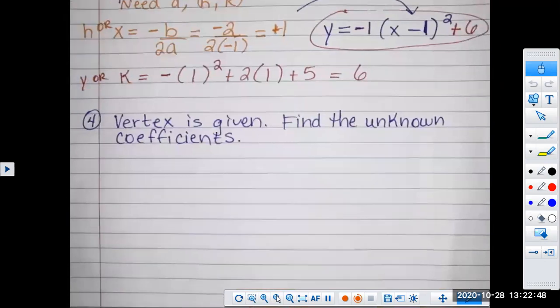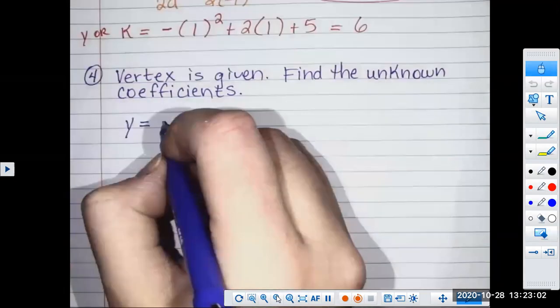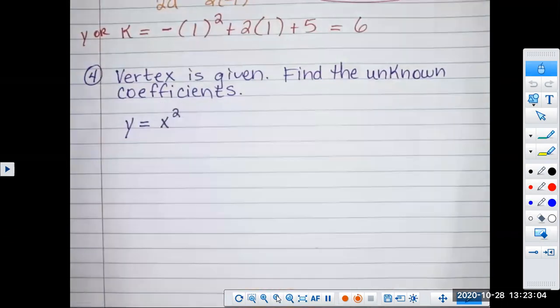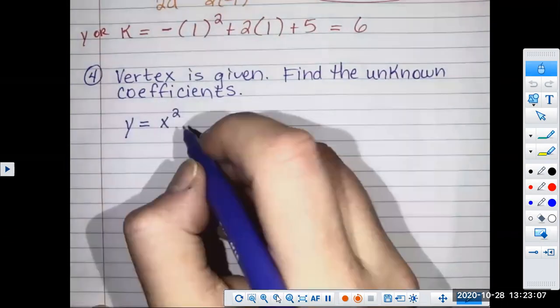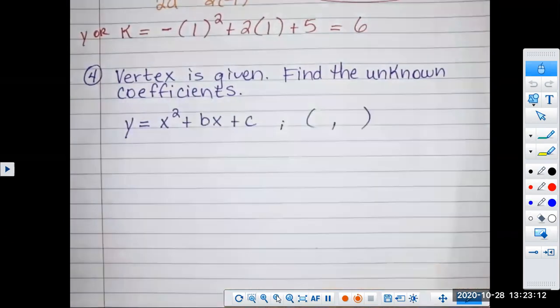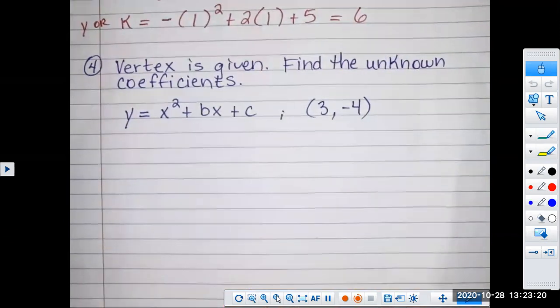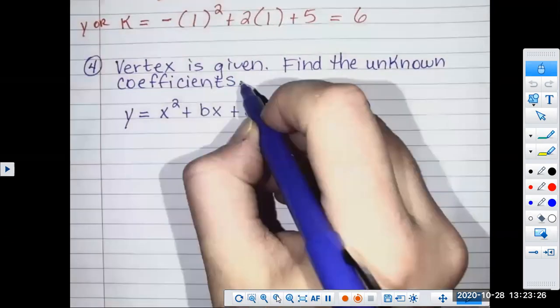Okay, last thing we're going to look at. In this particular problem, they give you your vertex, and then they ask you to find the unknown coefficients or constants.